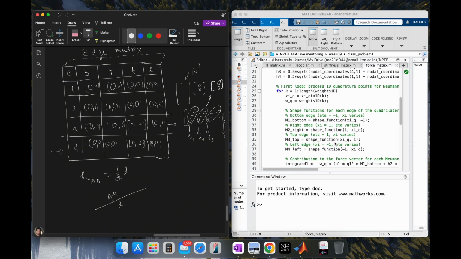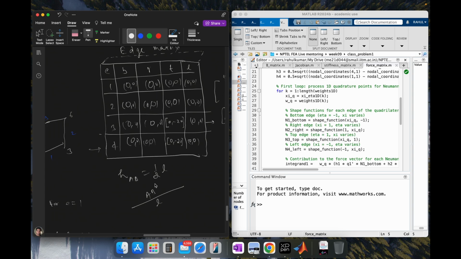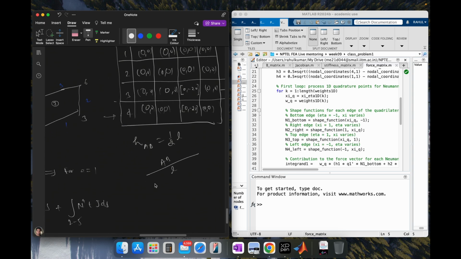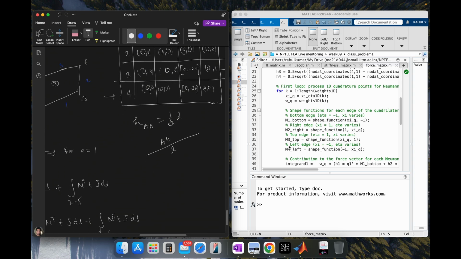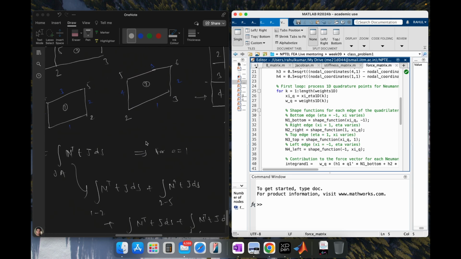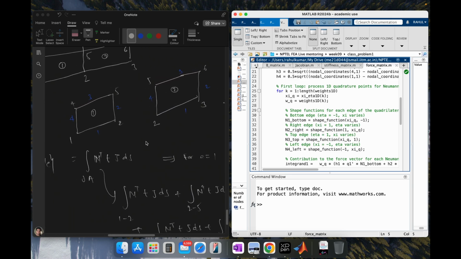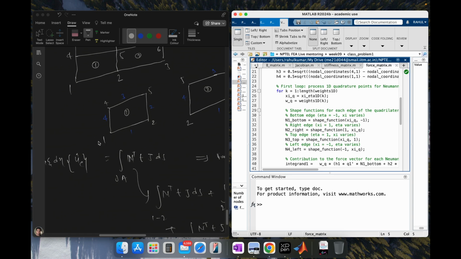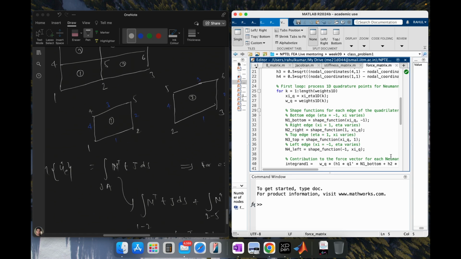Okay, and then it will find the shape function for bottom edge, right edge, top edge and left edge. You can see that. So here you can see that for the bottom edge, the eta should be -1, and it will be xi. And for the right edge, you can see that the xi should be 1.